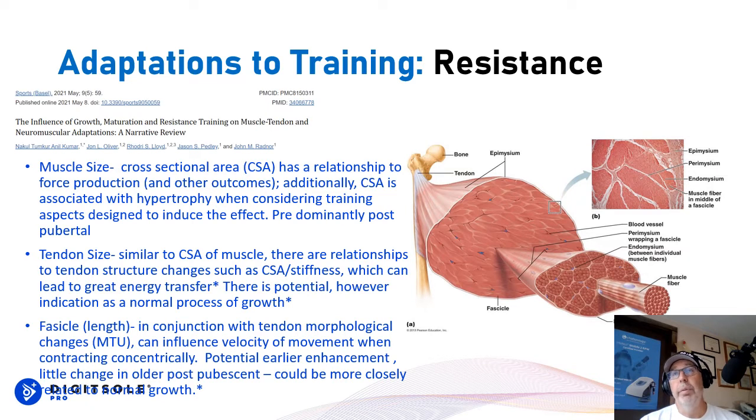We also know from many studies with adults that we can improve cross-sectional area through hypertrophy-style training and various training modes designed to do so, and this has a relationship to improvements in strength output. The question is, is this something viable? Can we accomplish this in the youth population?